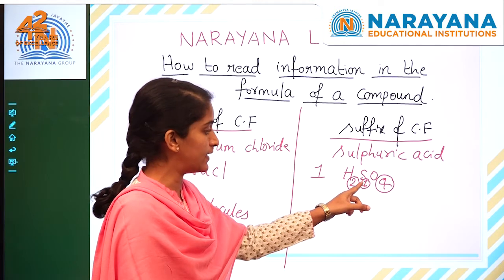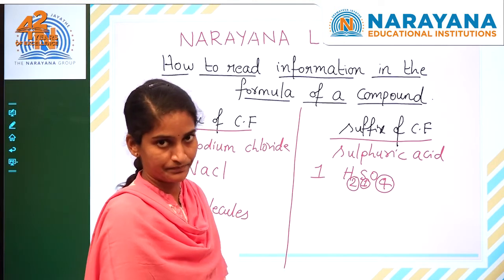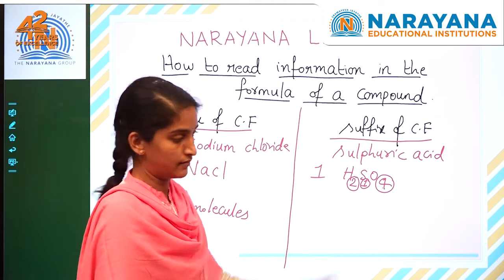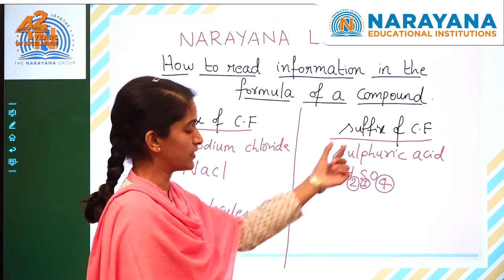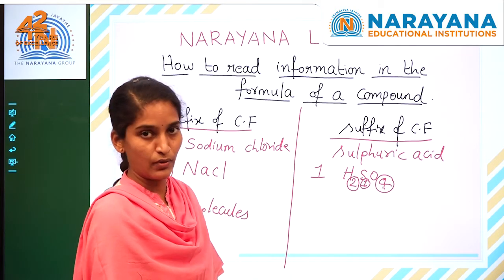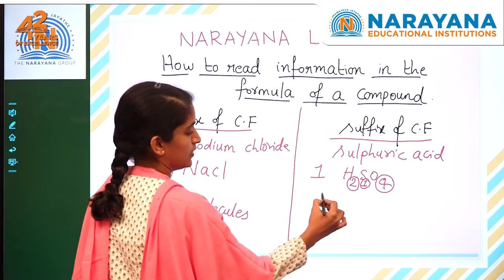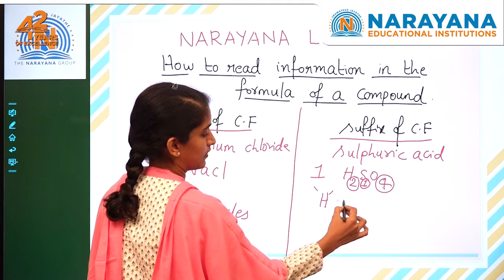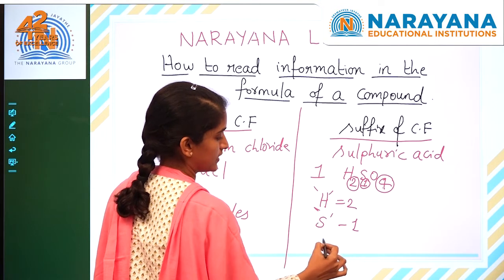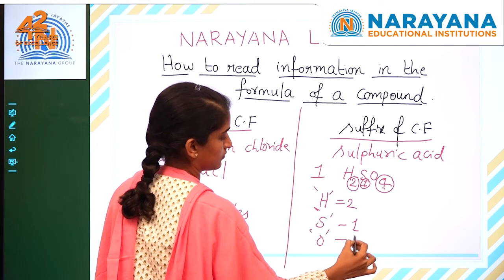It indicates there is 1 sulfur atom. To the right bottom side of the oxygen, the numeral is 4, so it indicates 4 oxygen atoms. So hydrogen atoms are 2, sulfur atoms are 1, oxygen atoms are 4.